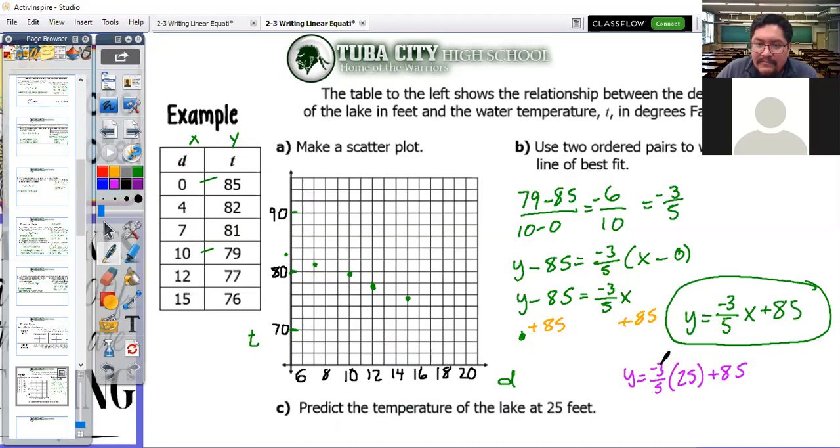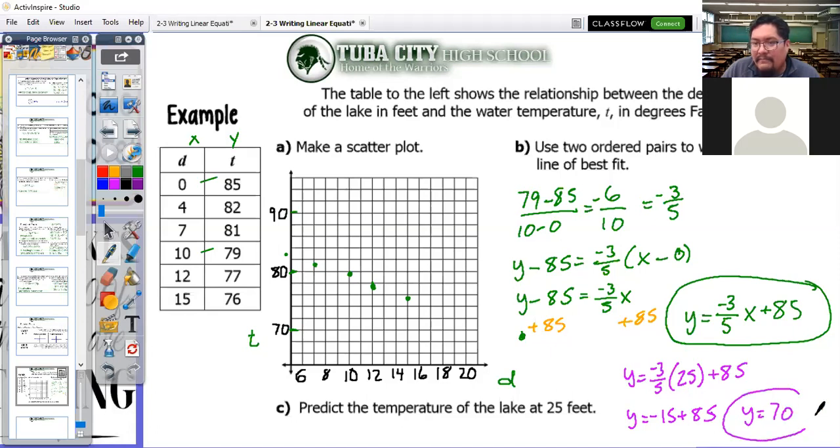So 3 times 25 is 75. 75 divided by 5 is 15, I believe. 25 times 3, divide that by 5, and it is indeed 15. So that would be y equals negative 15 plus 85, and y equals 70.